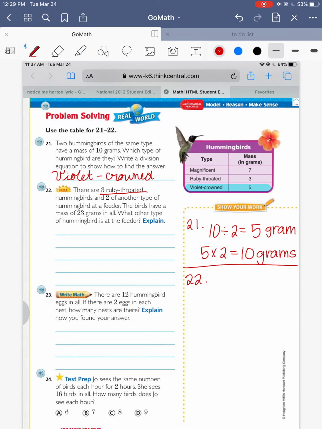So let's take that, 3 hummingbirds times, what's the mass of the ruby-throated hummingbirds? So the ruby-throated hummingbirds have a mass of 3. So 3 times 3, which would give us 9 grams total.